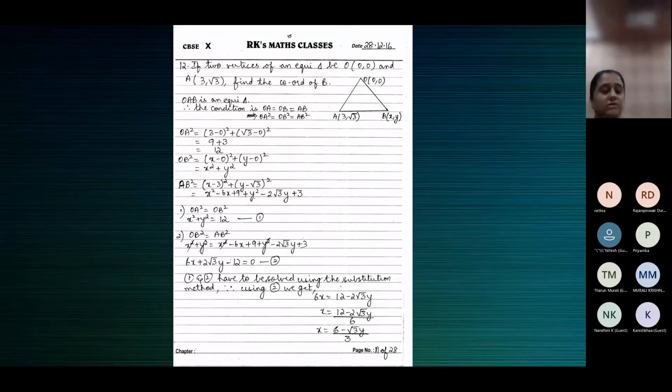Do the substitution method. Please work ahead and tell me the values of x and y.